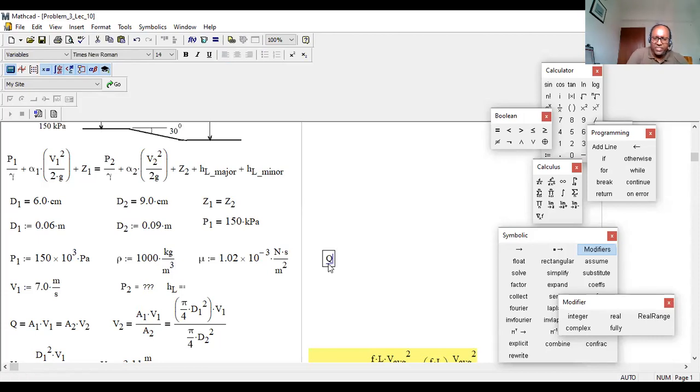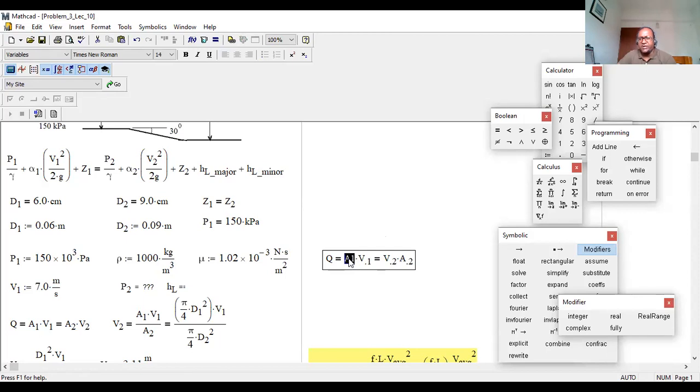You see, Q equal to, we know, A1 times V1. Similarly, this equals V2 times A2. So at section 1, V1 is given as 7 meters per second.